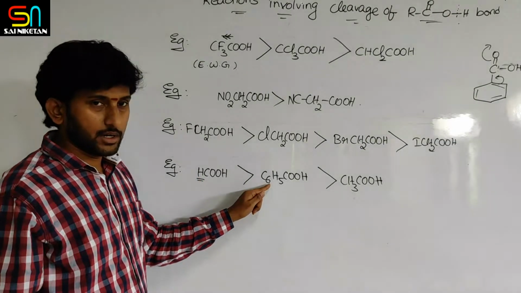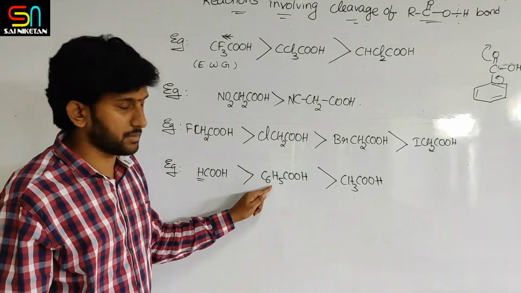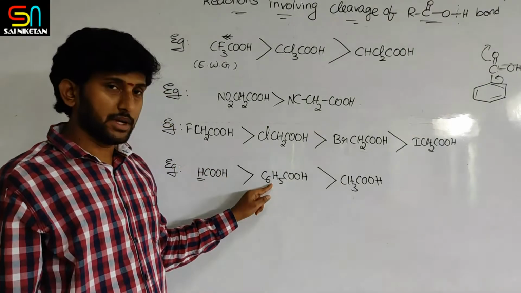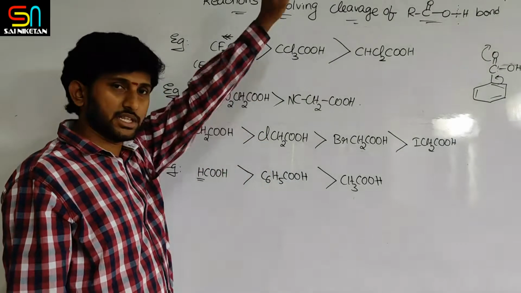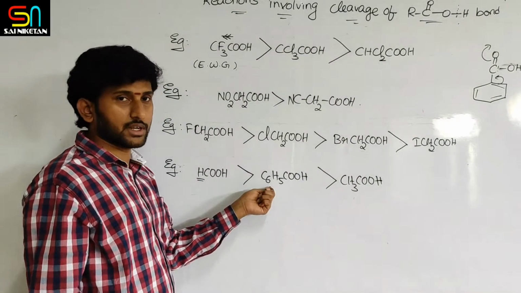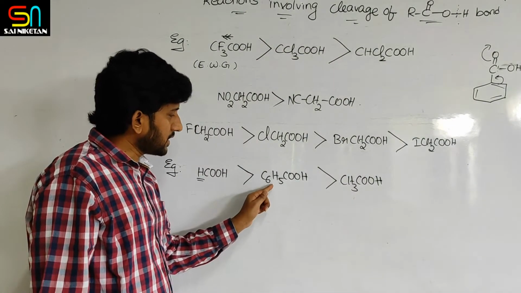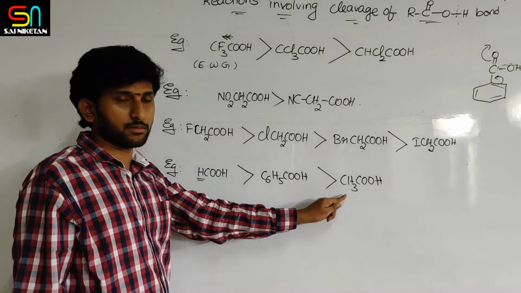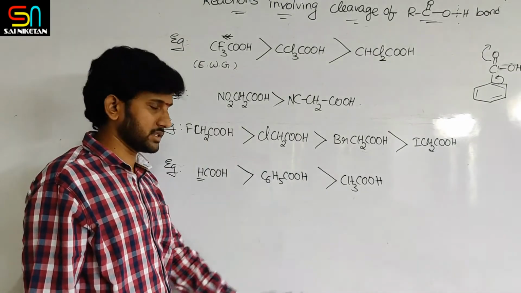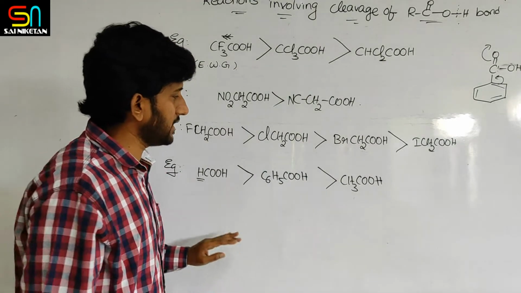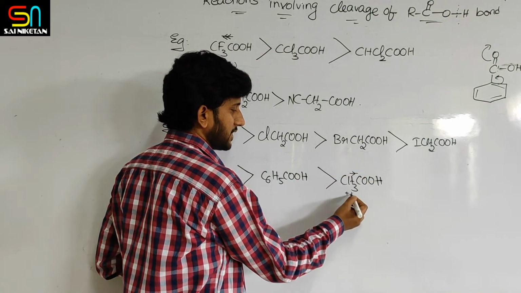Stability is attained in terms of resonating structures. So benzoic acid is more acidic compared to acetic acid. Now why is acetic acid less acidic? Because in acetic acid there is a plus I effect.